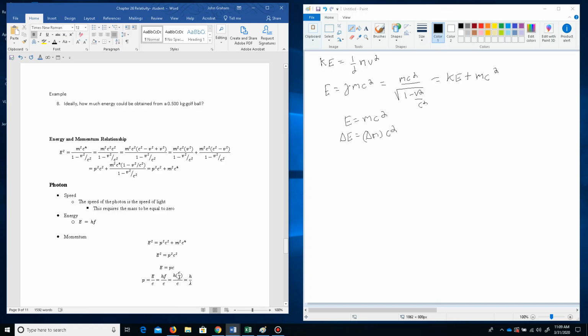Right, so ideally, how much energy would be obtained from a 0.5 kilogram golf ball?